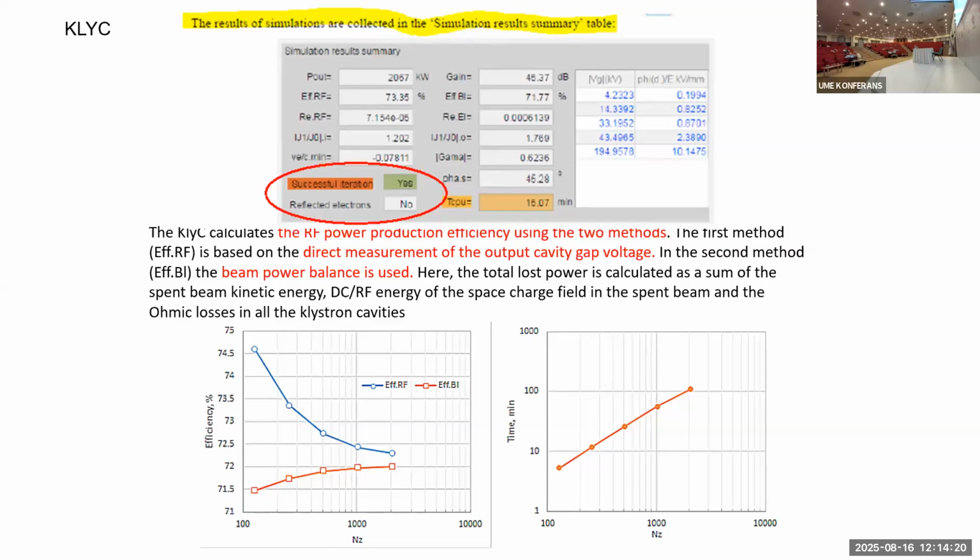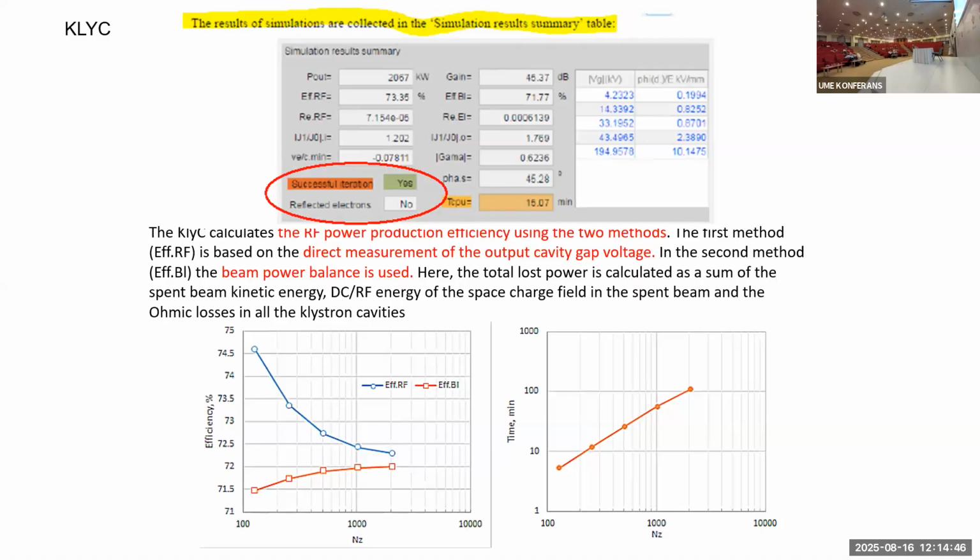And you will see P out, you can calculate it in here. It's about, maybe taken from the 1.3 gigahertz design, 2 megawatts, efficiency 73 if you're using PACOM or CSM.